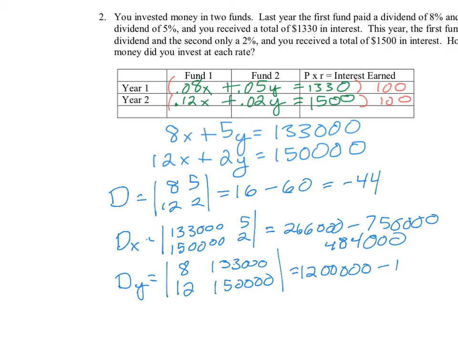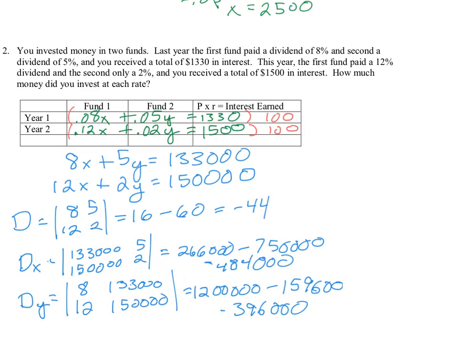And I get minus 1,596,000. Oh, this was a negative, sorry. Okay, so I take the 1,200,000 and I subtract the 1,596,000. And I get a negative 396,000. Now I have to place each one of these over the negative 44.